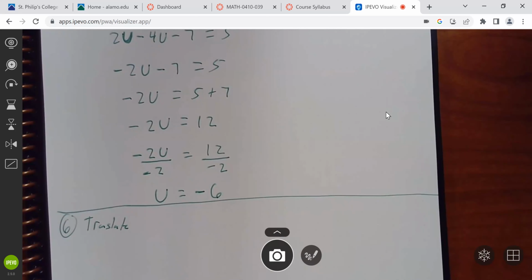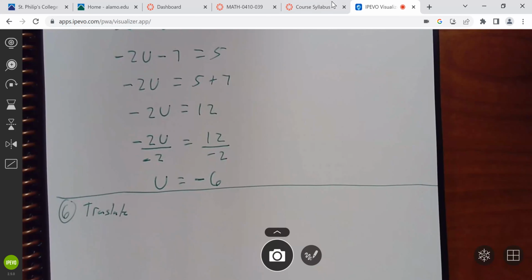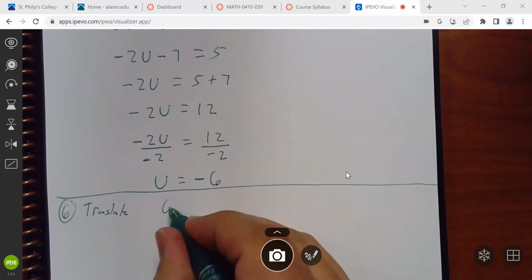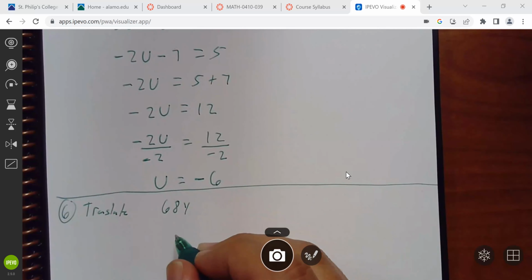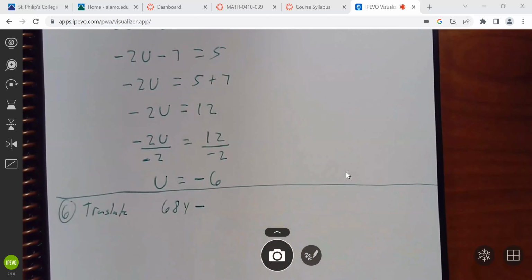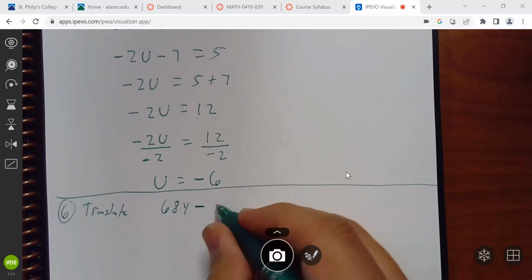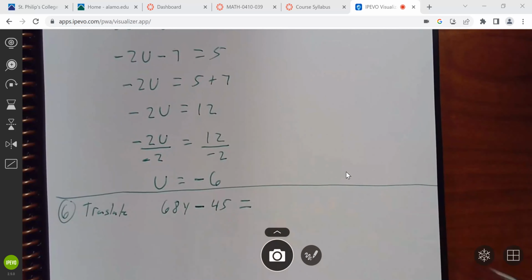What's the left side of the equation going to be? 8 times a number minus 45, which is 8y minus 45, equal to.